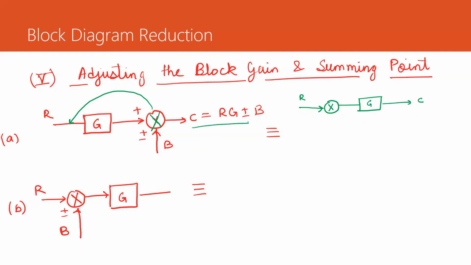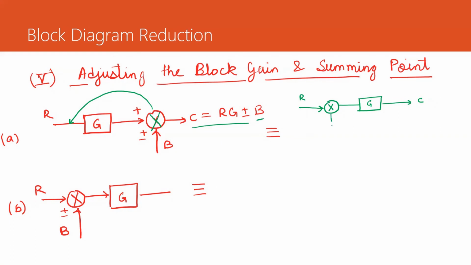If we move the summing point before a gain block, the output must not change. So we have a G over here. With R we get a G, but now we want the component of B also over here. If I directly applied B over here, then R and B would add up and then be multiplied with G. So overall we get RG plus BG.